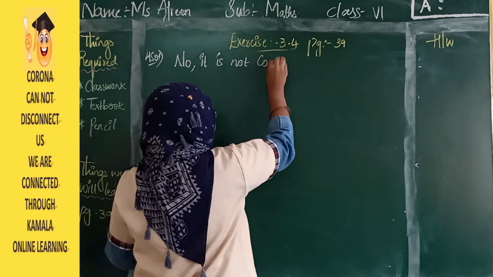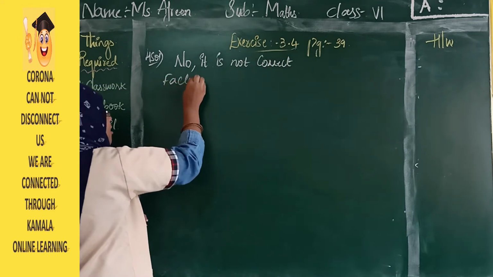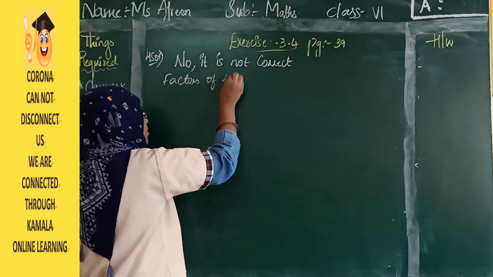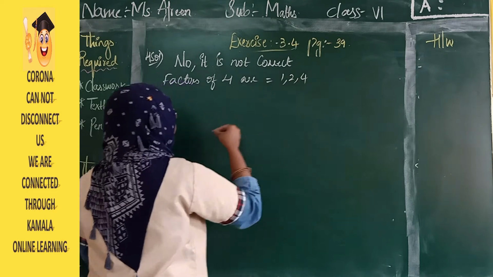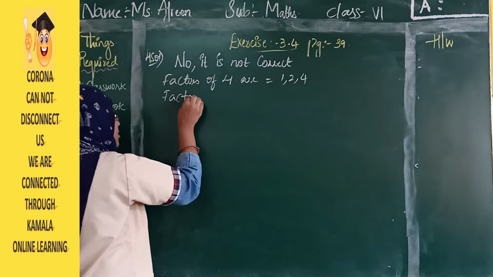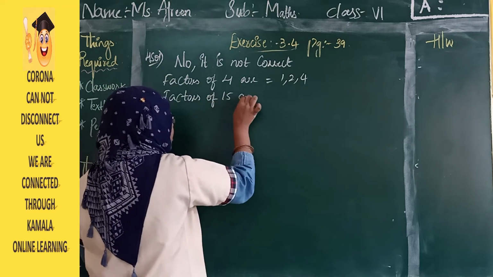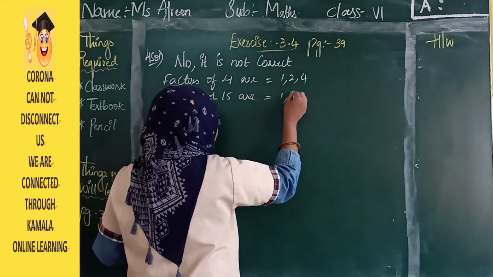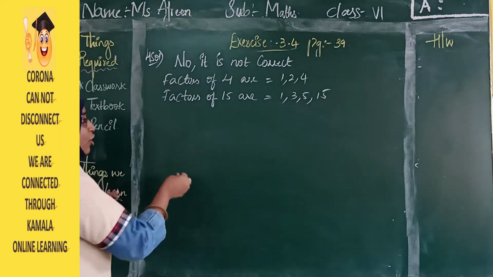Now what is the correct answer? We have to write that, right? The factors of 4 are 1, 2, 4. In the same way, the factors of 15 are 1, 3, 5, 15. Now what is the common factor here?